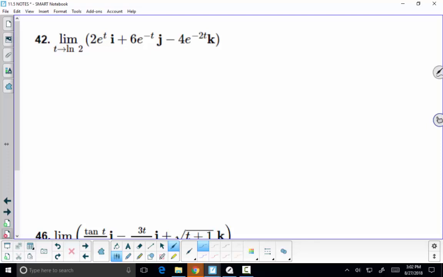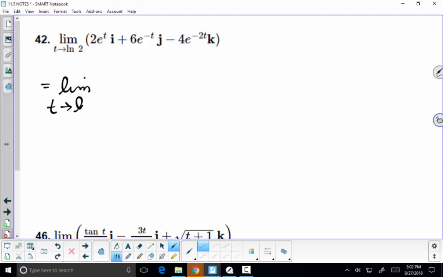The cool thing about Calc 3 is that it's just Calc 1 3 times. That's it. It's just 3 problems compressed into 1. It's like part A, B, and C. So when you take the limit, first off, I would write this slightly differently.